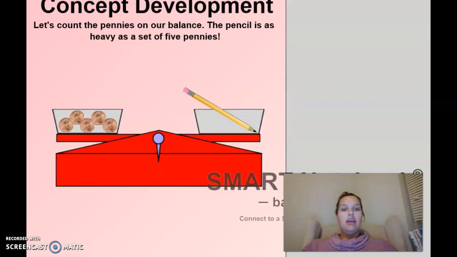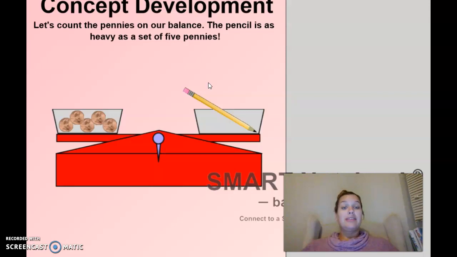Do you think the number of pennies would change depending on what I put on this side? Absolutely. It could change. Depending on what's over here, it's always going to take a different amount to balance your scale, right? So we learned about balancing a scale.